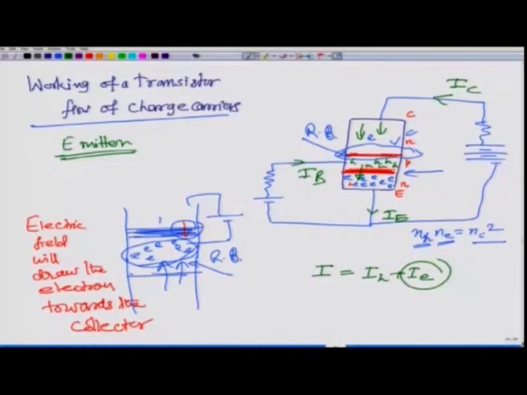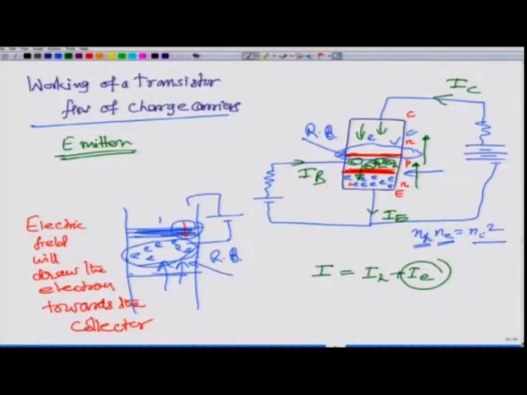Now, of the large number of electrons which are emitted or injected into the base region, a lot of them are being drawn into the collector because of this reverse bias, but some of these electrons are able to recombine with the holes here. In a circuit, finally, all charge densities, current densities, and currents should be constant.